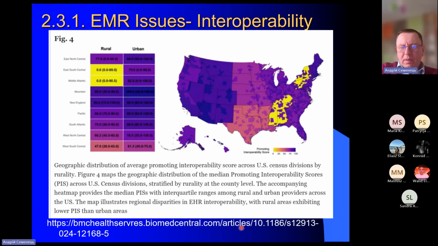It shows some available disruption and issues with establishing interoperability between different hospital information systems. So here we have this color so bright. That's more issues we do have.